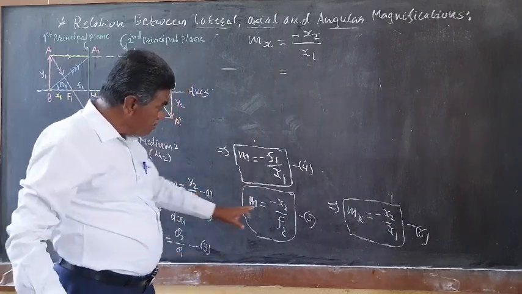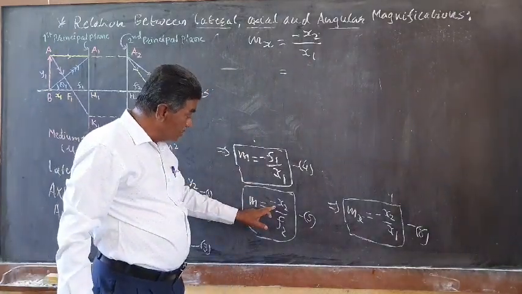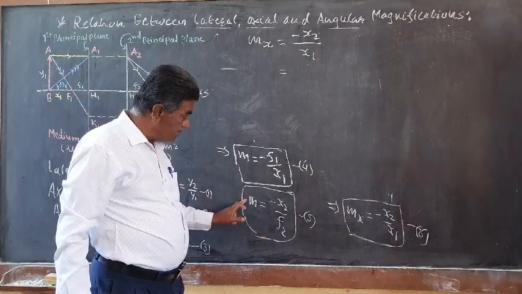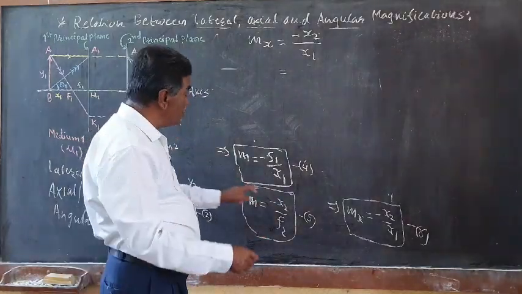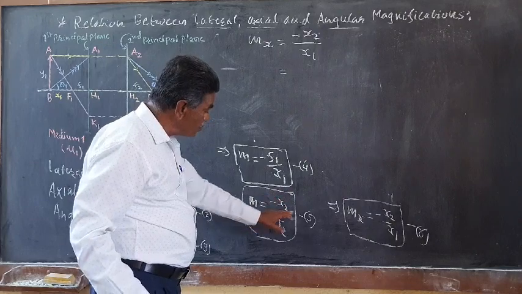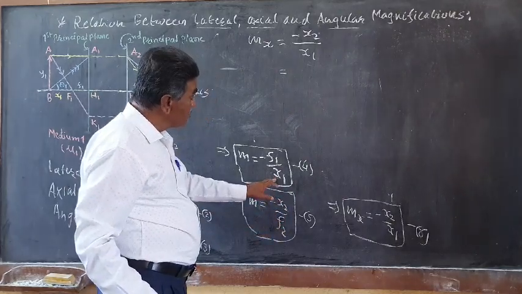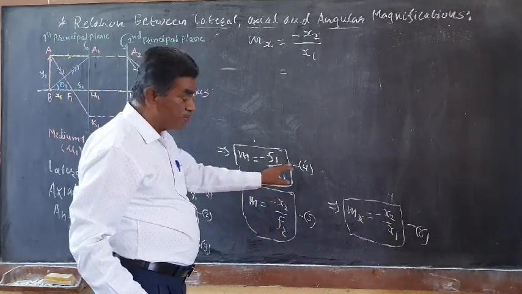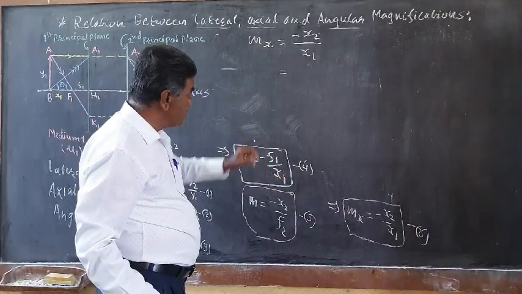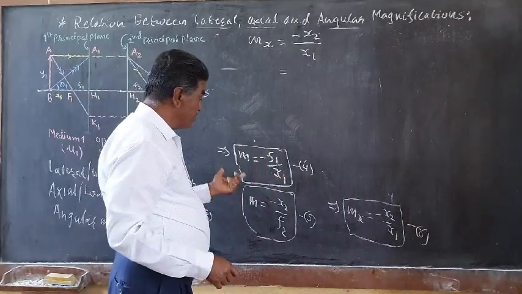We will take the minus x2 from equation 5, and substitute the value of x1 from equation 4 in these equations, and we will get the relationship between m and mx.